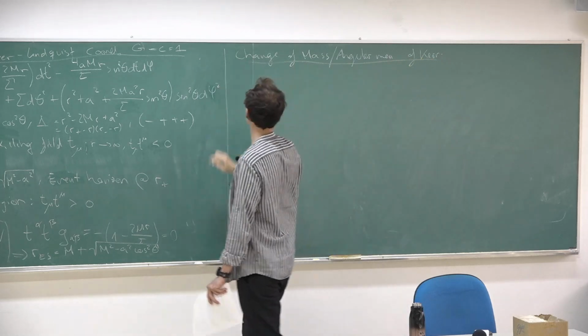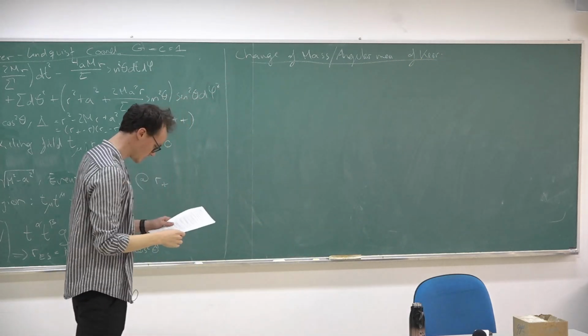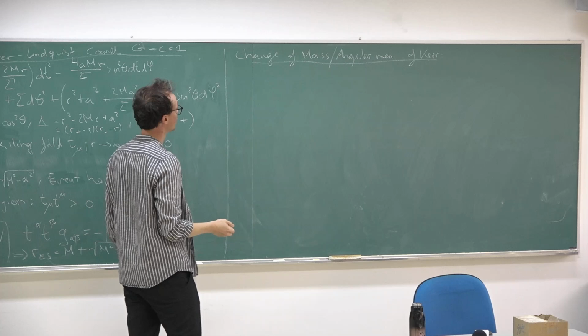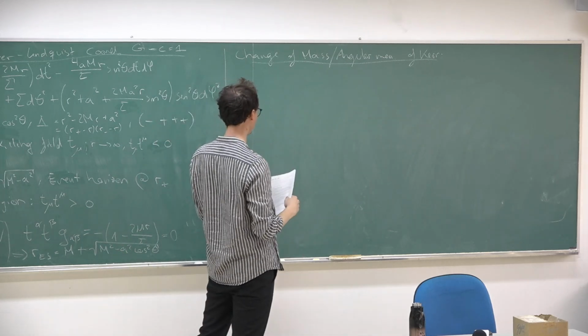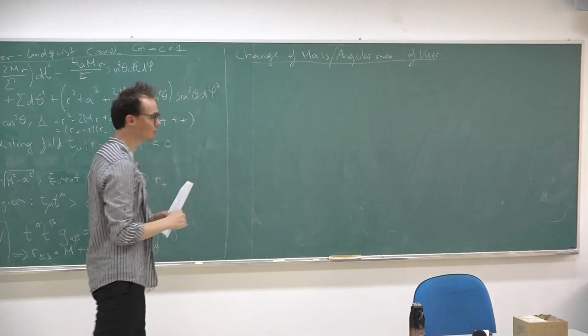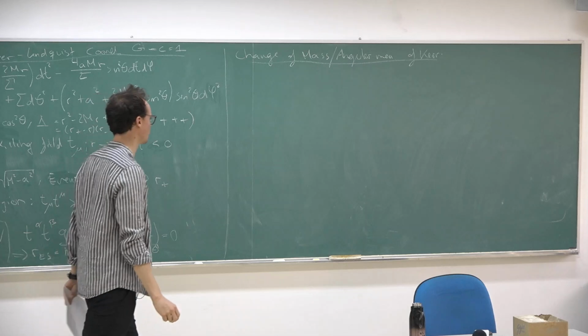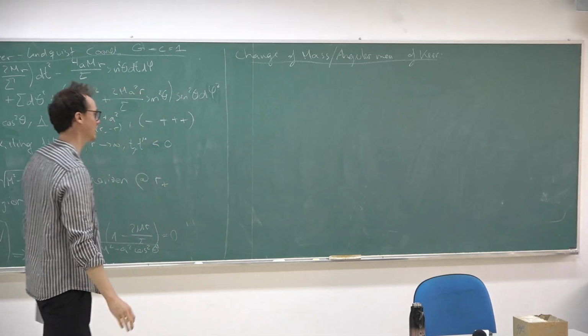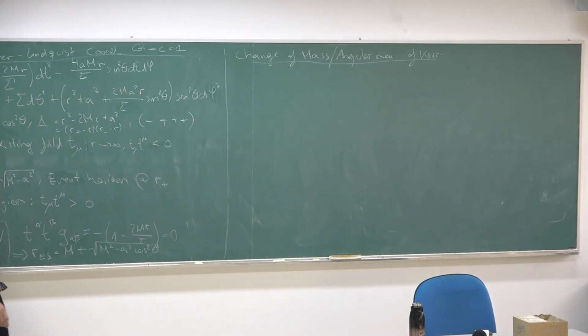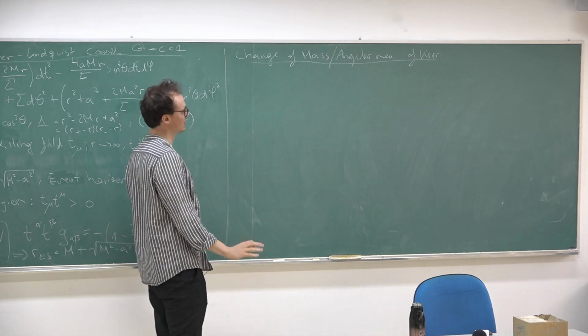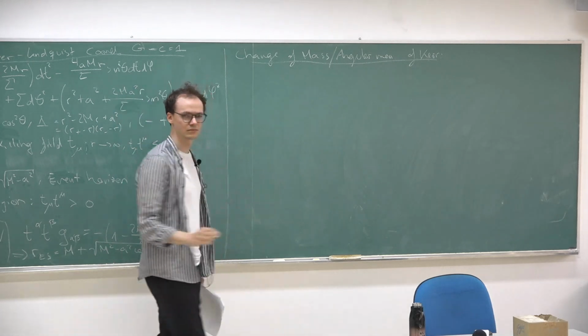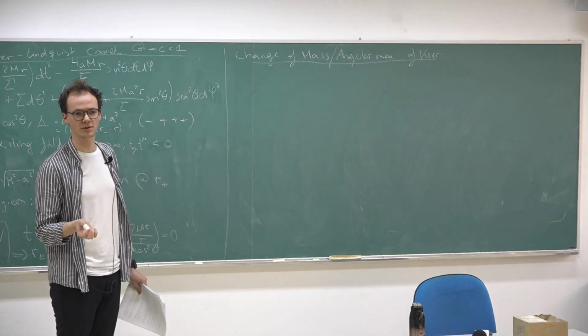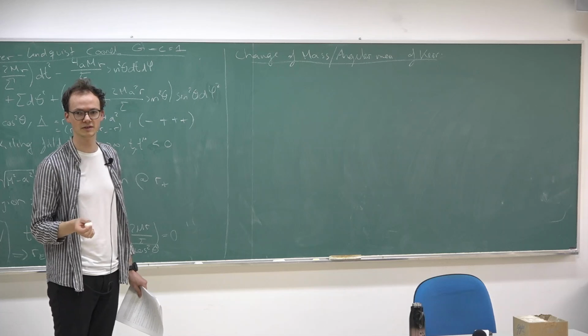Okay? So what happens? To do this, we need to first define a couple of things. In particular, we need to define what the area of the black hole is, or the area of the event horizon. To understand what I mean by the area of the event horizon, are all of you familiar with conformal diagrams, Penrose diagrams?